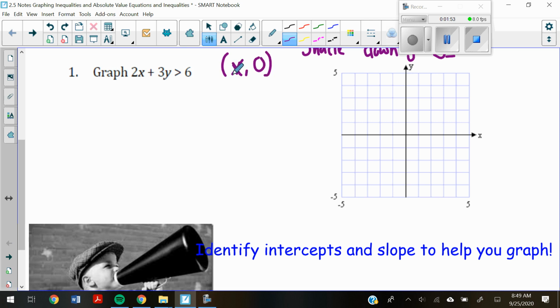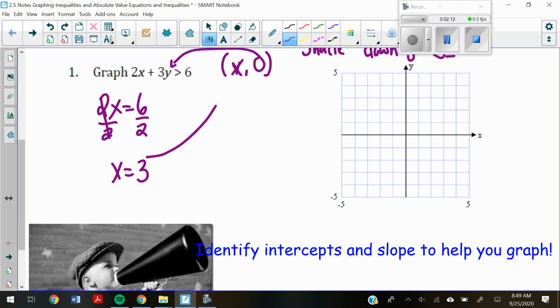So if I plug a 0 in for this y, that term goes away. That's why I'm covering it up with my hand. So you end up with this 2x, and I'm just going to change it to an equals. If I divide by 2 on both sides, I find that my x equals 3. So this is our ordered pair.